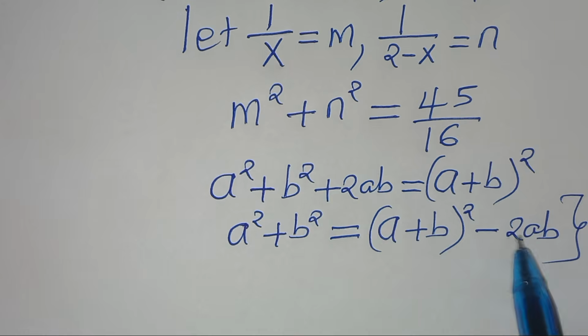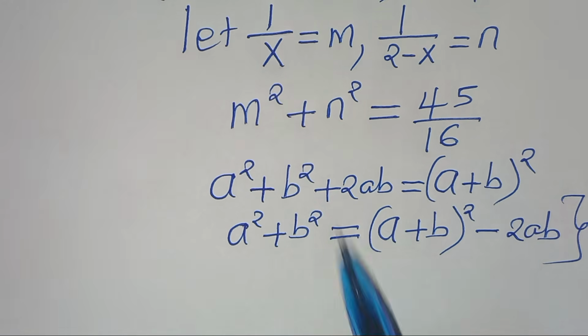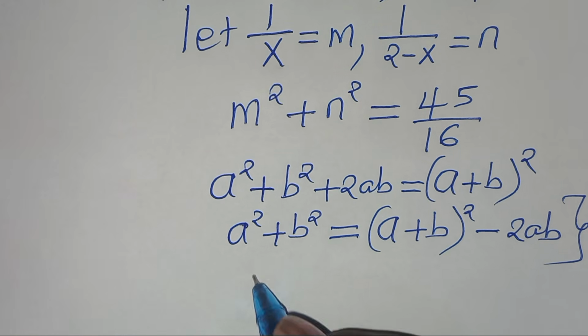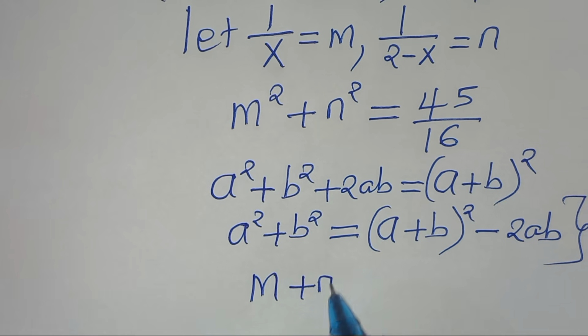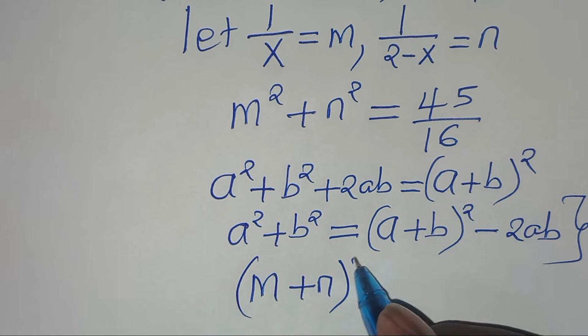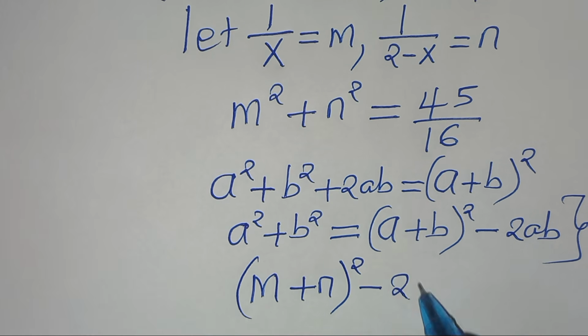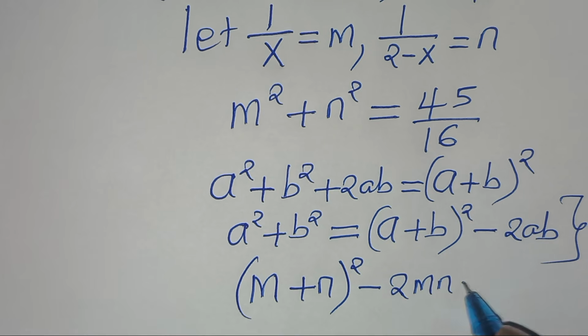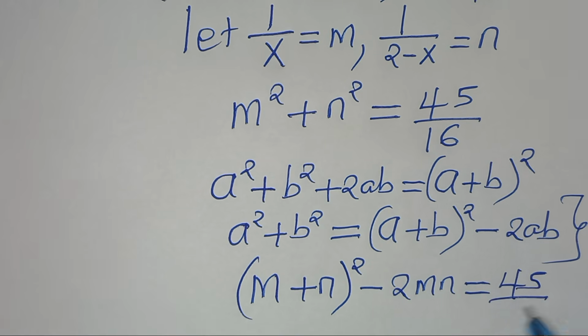Applying this property, m squared plus n squared is the same thing as (m plus n) raised to the power of 2, subtract 2 multiplied by mn, equal to 45 over 16.